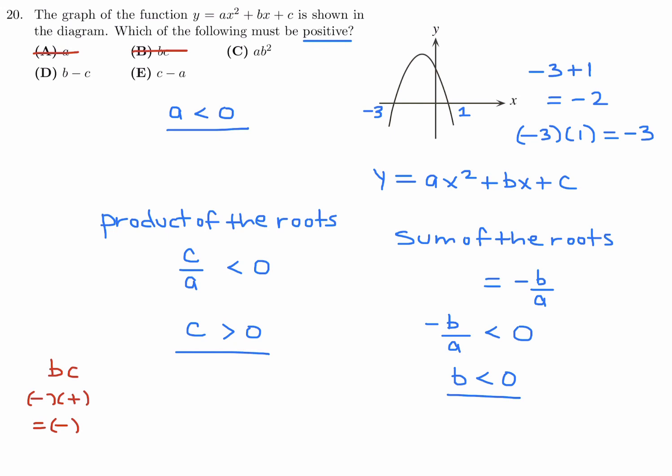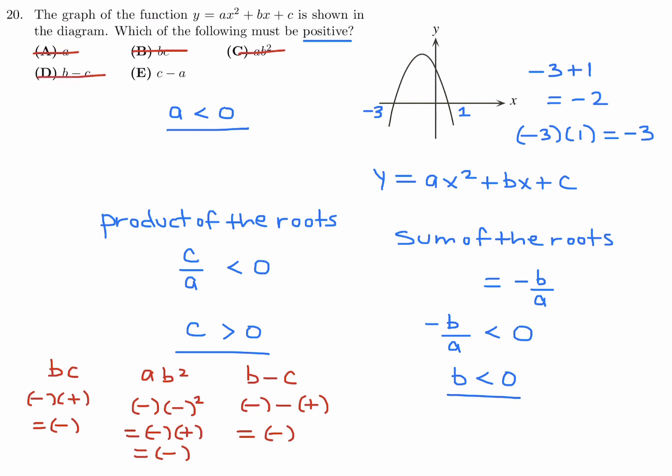So BC is negative. How about AB squared? A is negative, B is negative squared. A negative squared becomes a positive, and then you're multiplying that by a negative, so that's negative. Now we got B minus C. So we've got a negative minus a positive, and that is going to be a negative.